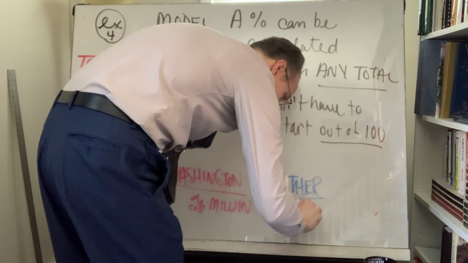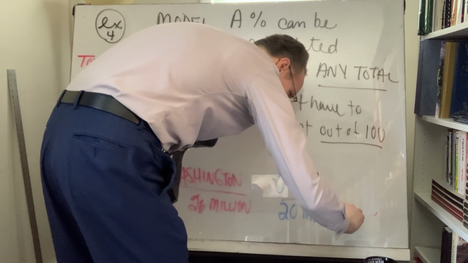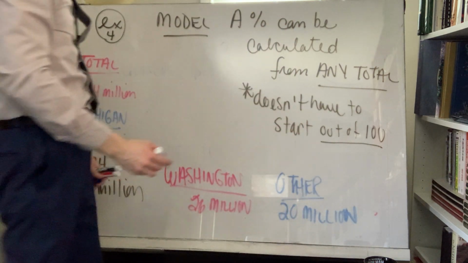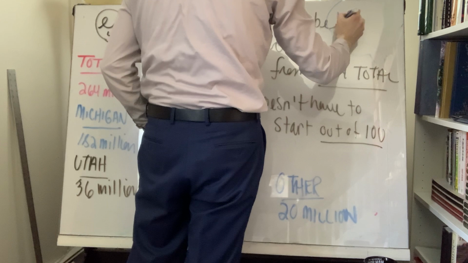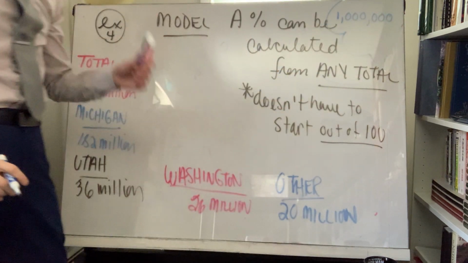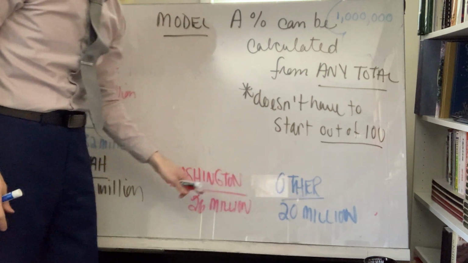The author of this problem has chosen not to write the quantity million as it would be. Remember, a million looks like this: 1,000,000. 6 zeros after a 1. They just simply use the word million.